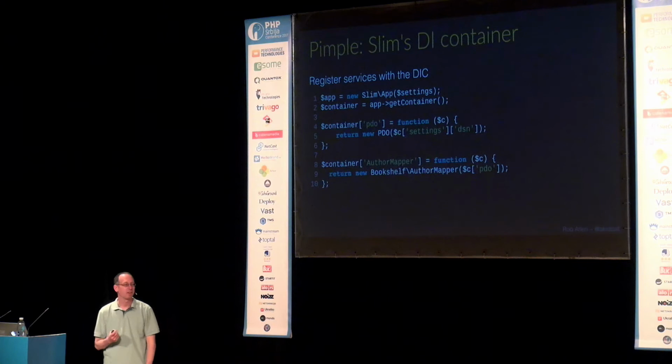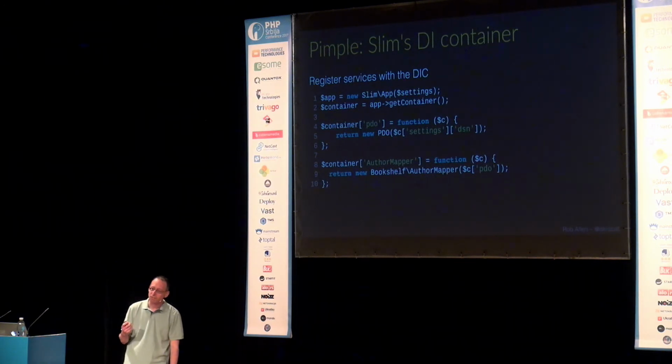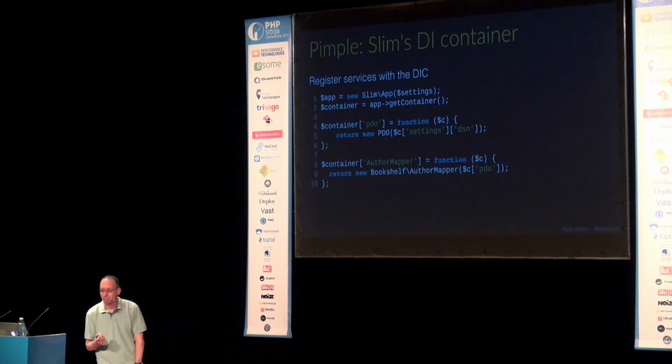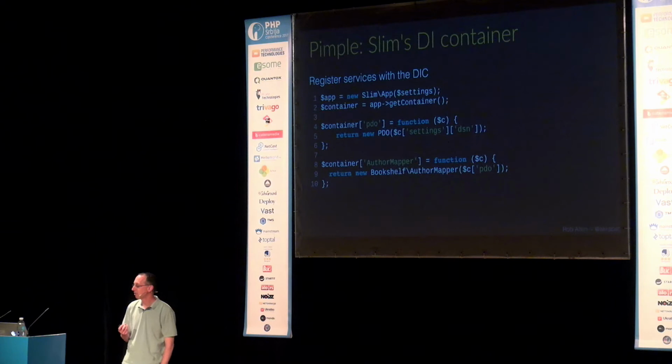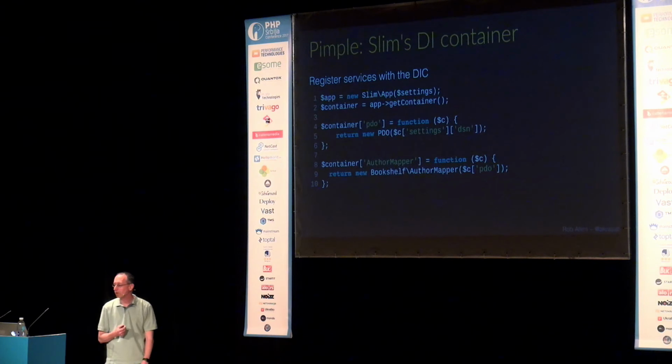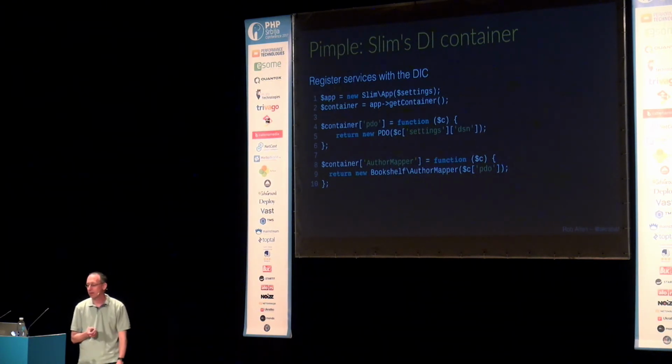The whole point of the DI container is that we can define dependencies for a given class separately from when we use them. So inside this particular file, I'm generating two different registrations in my DI container. The way we work with Pimple is using array access. One is called PDO on line 4, and one is called author mapper on line 8.